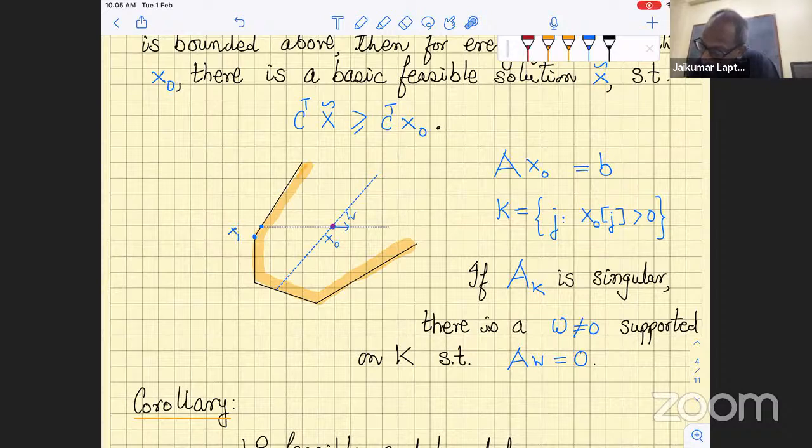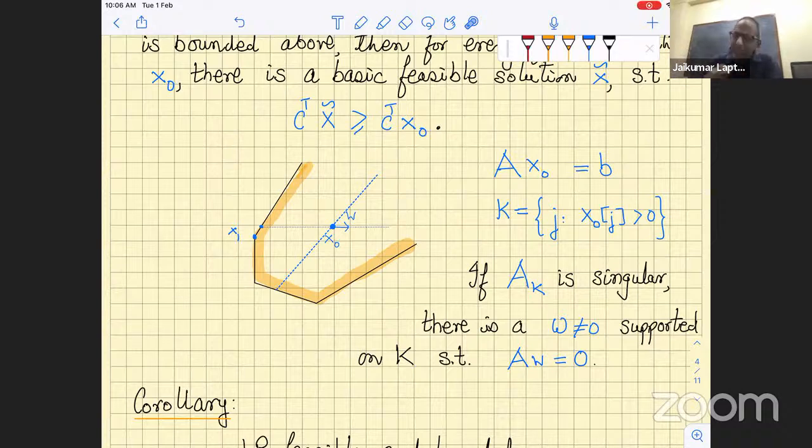Look at this W, it is some vector. This was your original solution. Now, if you move on this line in either direction with respect to W, these equations will still be satisfied because you have added a constant factor times W to x0.